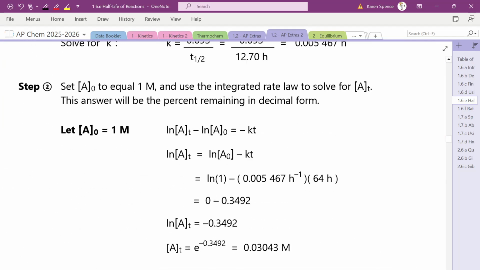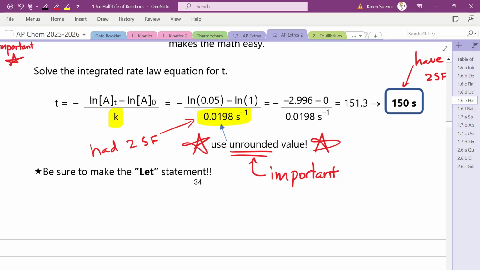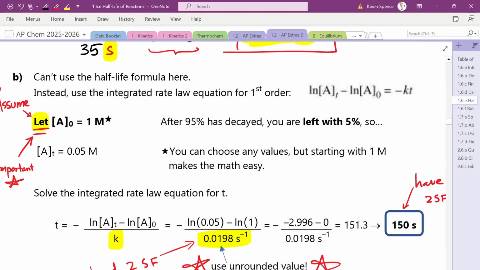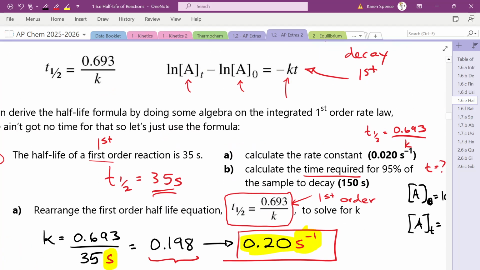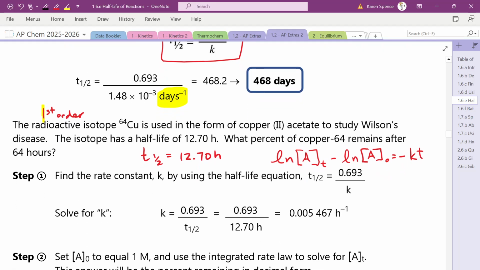I wanted to make sure I'm not doing it backwards. Let's check. Negative kt, it is.